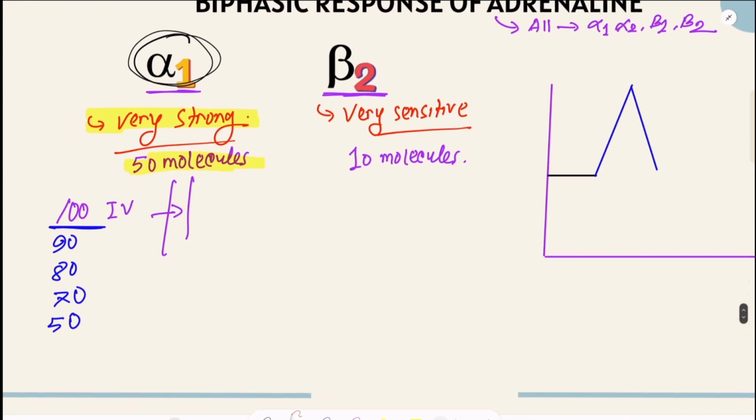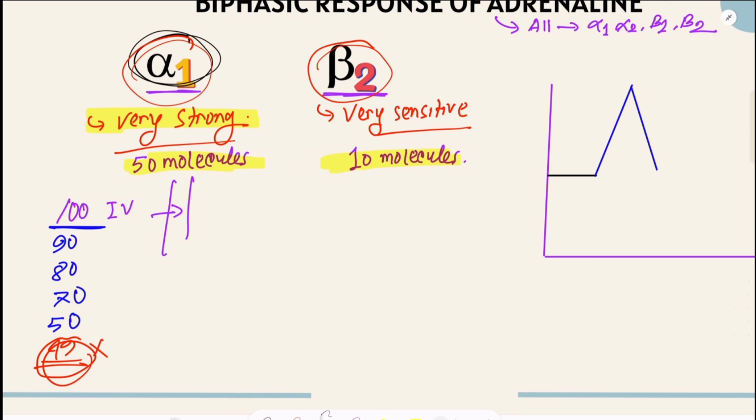But when the adrenaline molecules come to 49, the alpha 1 receptor is no more stimulated. So there will be no more vasoconstriction. But now what will happen? These 49 molecules of adrenaline will work on the beta 2 receptor, because beta 2 receptor stimulation requires only 10 molecules of adrenaline, as it is a very sensitive receptor.